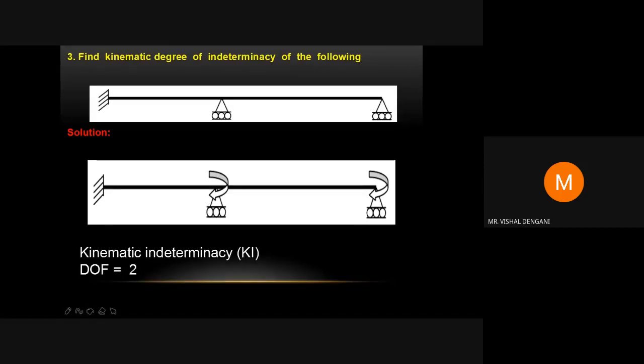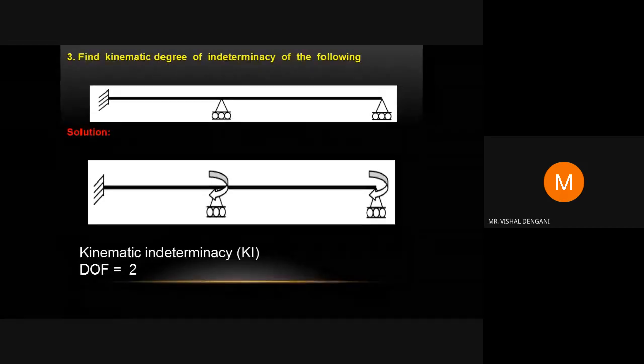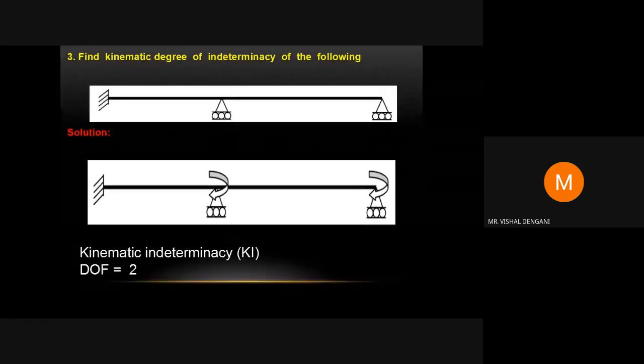So possible degree of freedom for this structure is 2. Only the rotational displacement will be possible, so 2 values of the joint displacement we'll have to find out. This is how we are finding out the degree of freedom in case of beam.